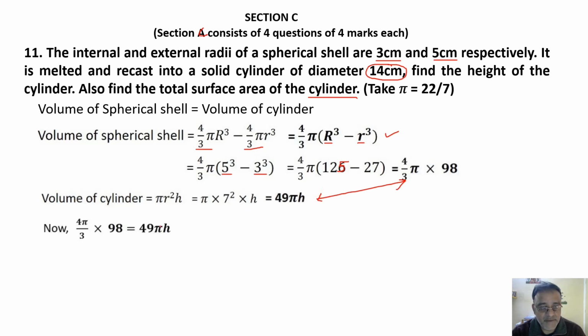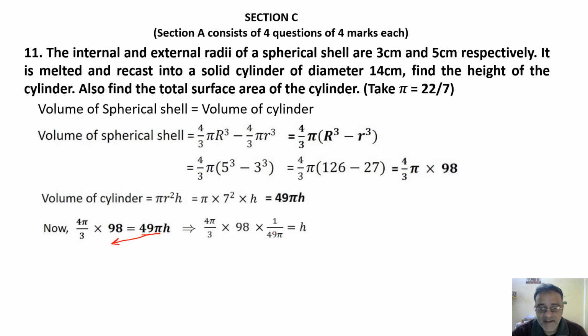ठीक है, अब इसमें pi cancel कर लो, right? Otherwise if you want you can shift this to this side, then cancel like this. यहाँ पे देखो pi pi cancel हो गया और 98 divided by 49 is 2, so we are getting 8 by 3 into 2 is equal to h, that is h is equal to 8 by 3, 2.67 centimeters.